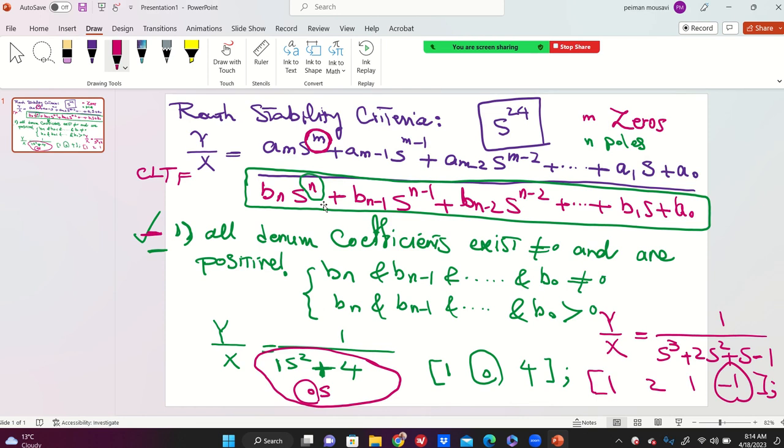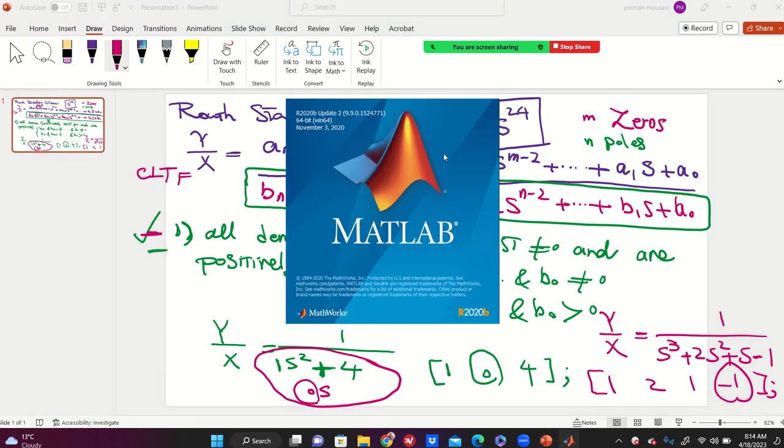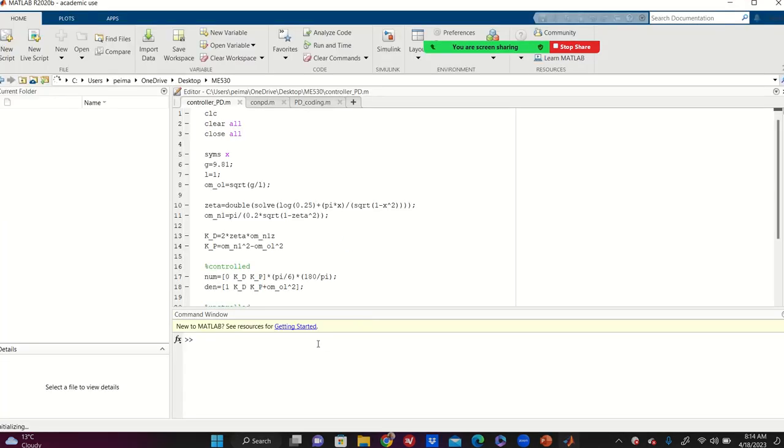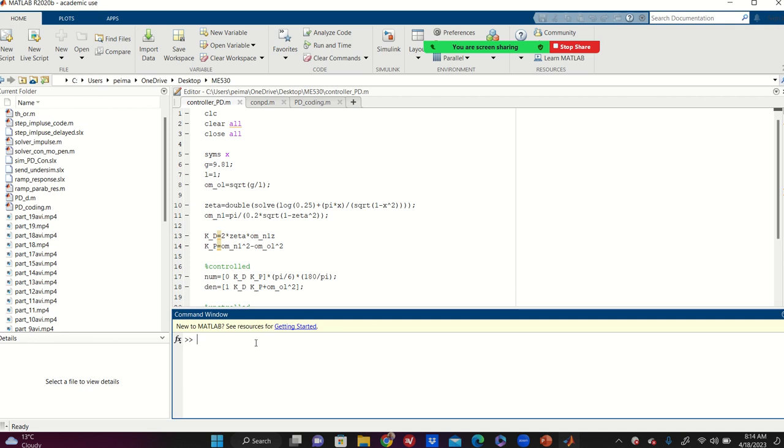okay, for continuing the topic, if I go to MATLAB, you see that if I solve this equation, you know how to solve an equation in MATLAB.